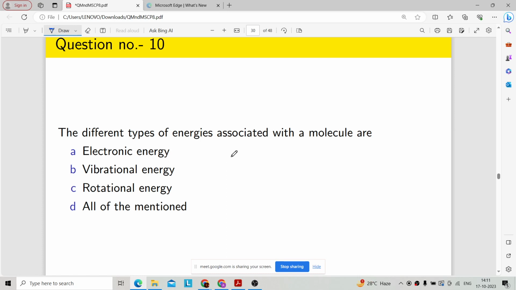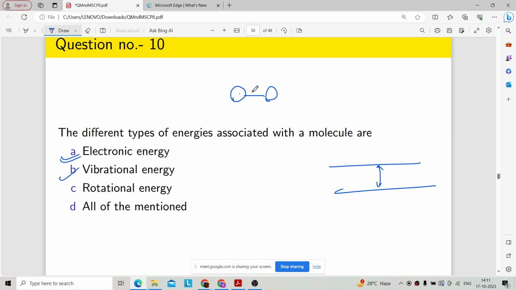The different types of energy associated with a molecule: it can be electronic energy, which means there can be some transition between the energy levels for this molecule. Like if one atom is considered, then some transition between the energy levels can happen. So electronic energy will be there, and if it is vibrating, the molecule can vibrate along its axis, so vibrational energy will also be there.